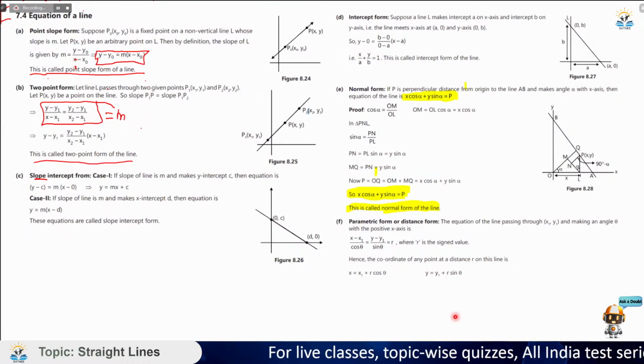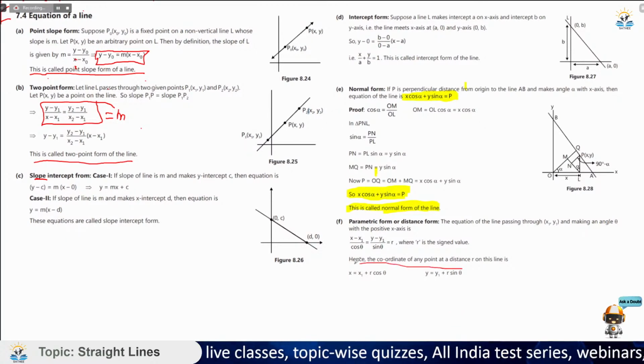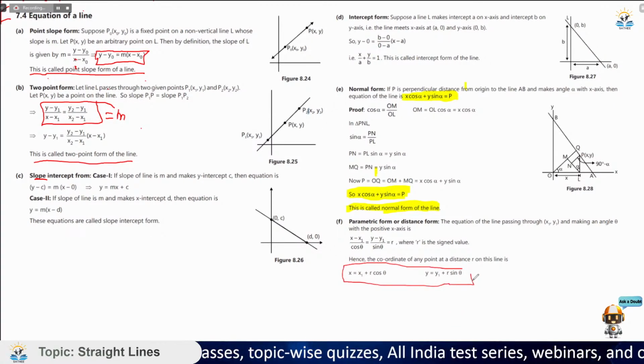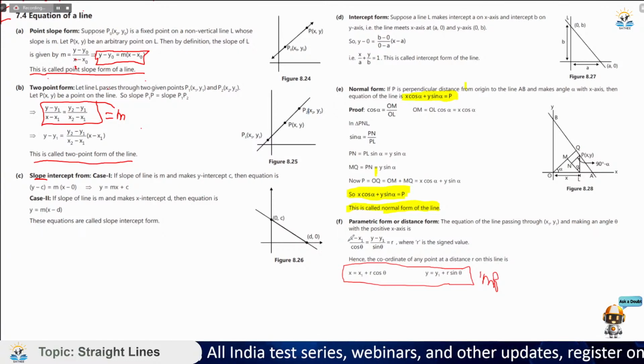Okay, this is also important, and this is the parametric equation.